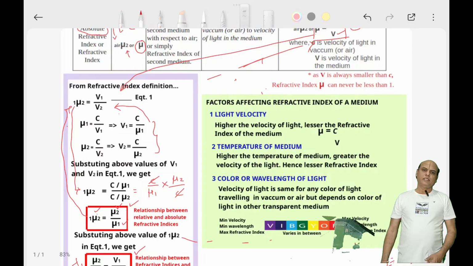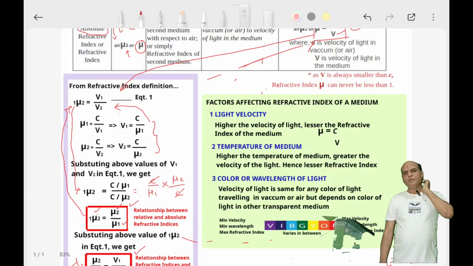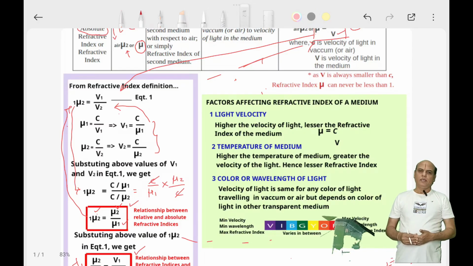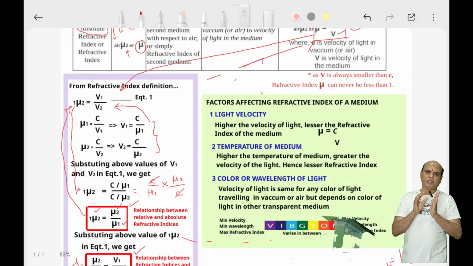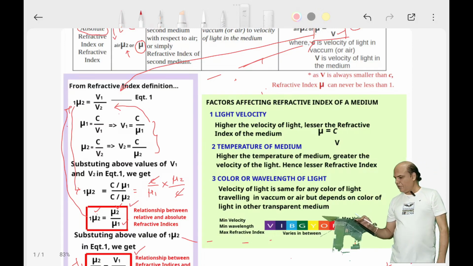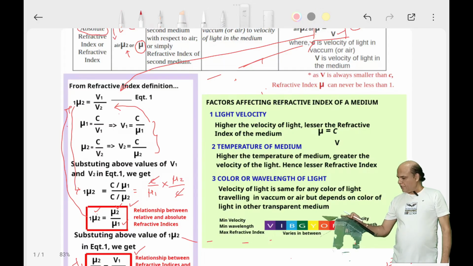What are the factors that affect refractive index in a medium? We have seen that refractive index changes from one medium to another. So within the medium, on what factors does this refractive index depend? Let me pull out last session's PDF that will help you.